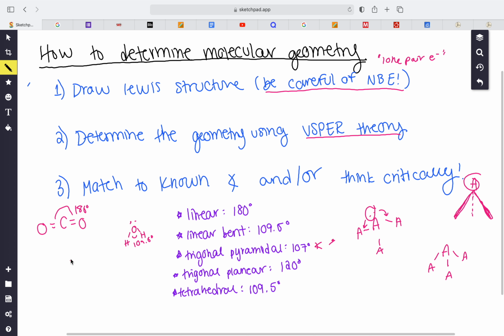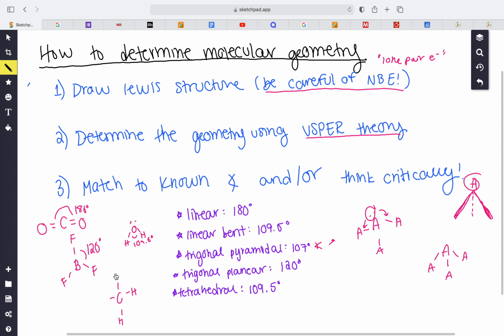Trigonal planar, again, it's going to be a similar situation where we have to think about this in a 3D sense. Let's say this is F, and F. These are going to be 120 degrees, so that's trigonal planar, and then tetrahedral is going to be something like this.